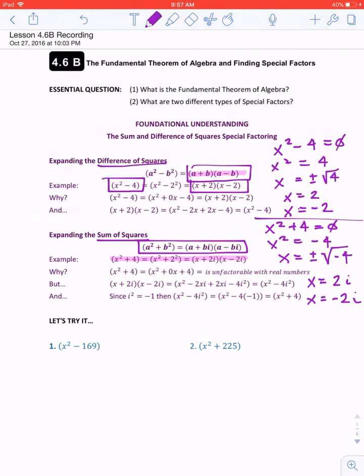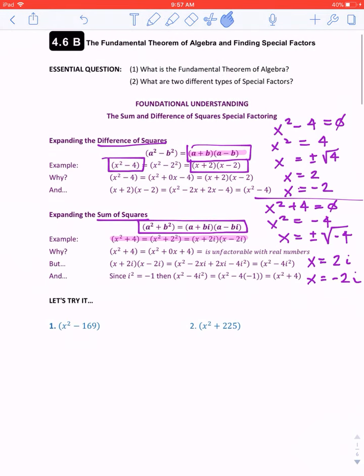If we look at these two down below, you have x squared minus 169. We're going to use the pattern and we're going to solve it just to prove it. All right, so pattern. Since it's subtracting, this is the difference.